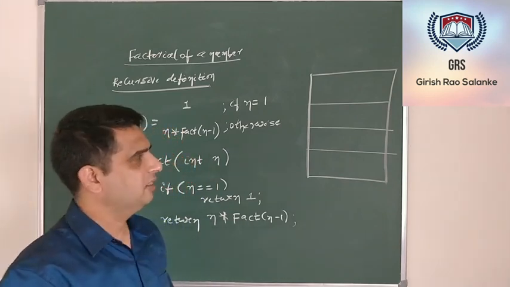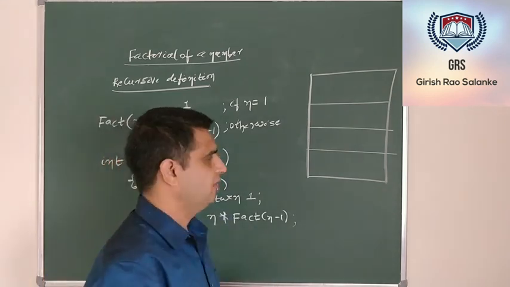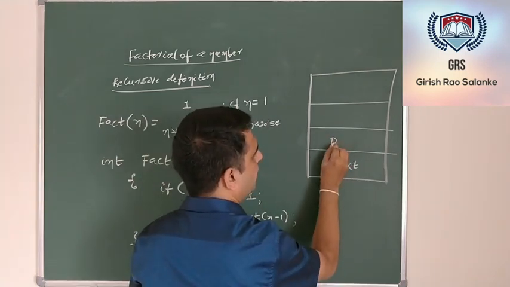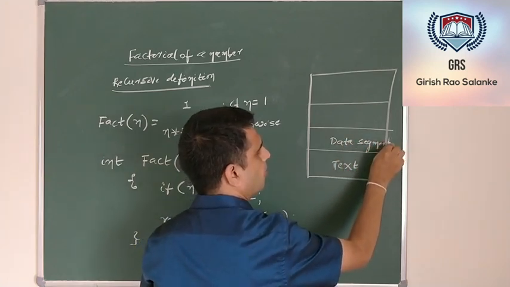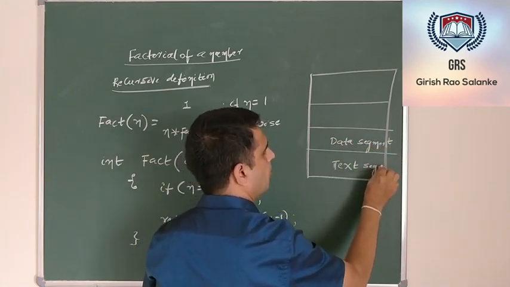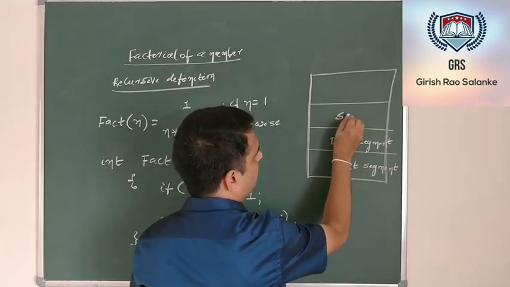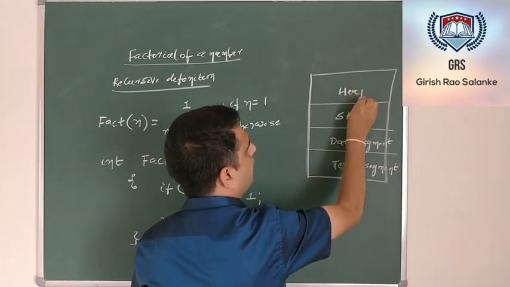We can divide the memory into 4 different segments. The first one we can call the text segment. The second one is the data segment. The third one is the stack segment. And finally we have the heap region.